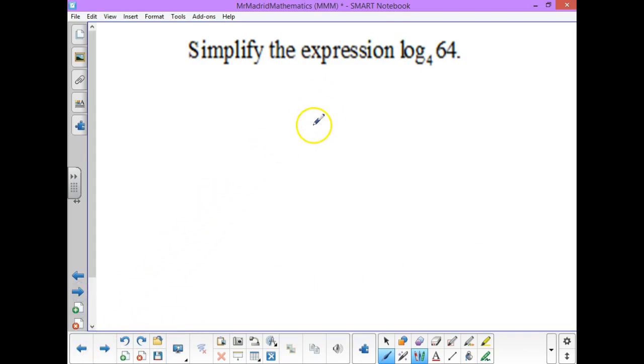Alright, this next problem says simplify the expression log base 4 of 64. So immediately what your brain should be thinking is, is there a base 4 to some exponent that will give me 64? Only because of that inverse property of logarithms. There is indeed, and if I continue working down this way, I'll realize once again that these bases cancel, right?